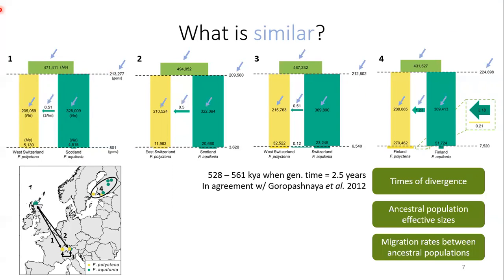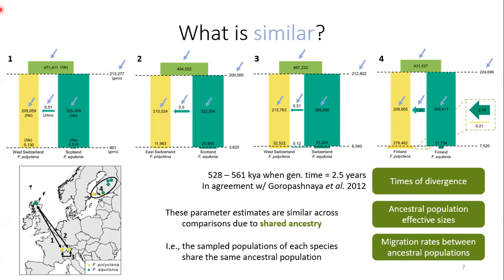And looking at these parameters that are similar, we can see that they pertain to older events. So we suggest that they are similar across comparisons due to shared ancestry, or in other words, because the sample populations of each species share the same ancestral population.